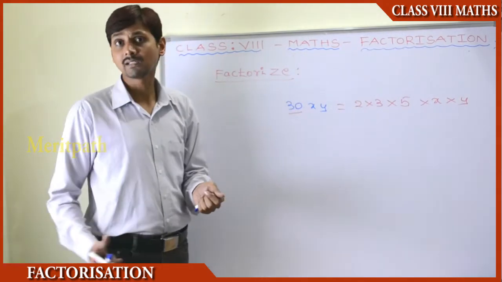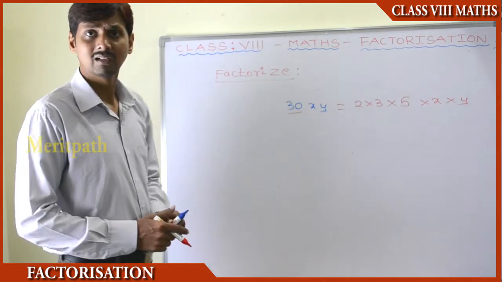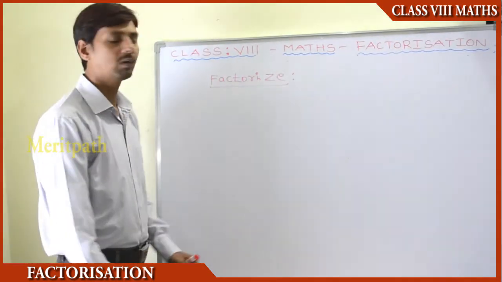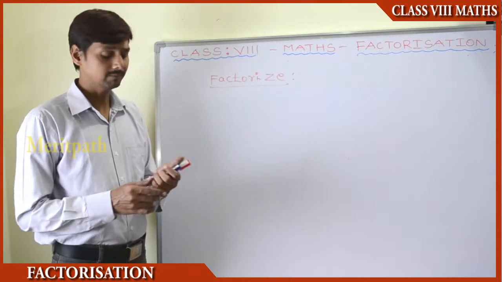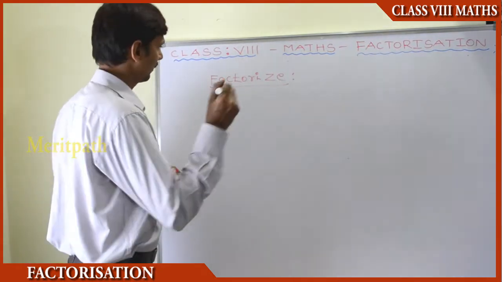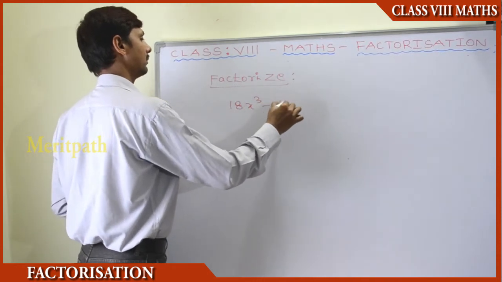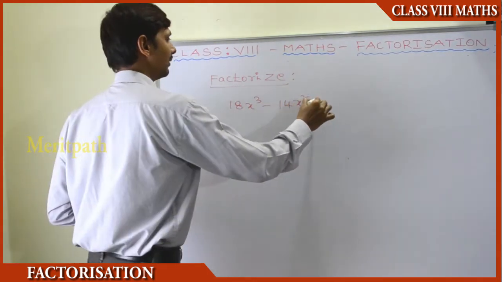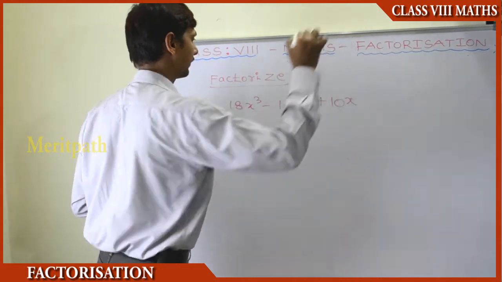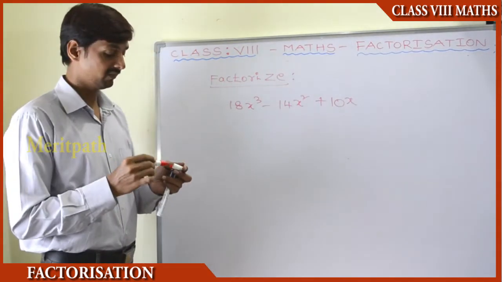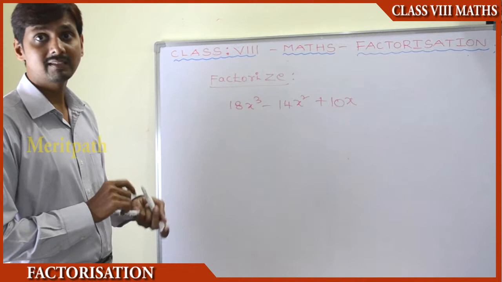So why we call these factors, let's take one expression and factorize it: 18x cubed minus 14x squared plus 10x. So this is the expression. We need to factorize this expression.